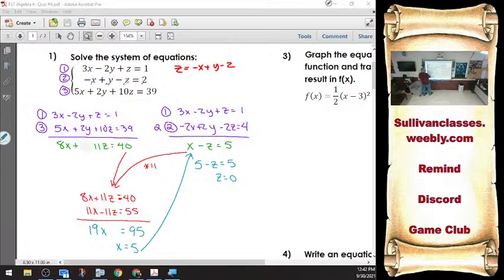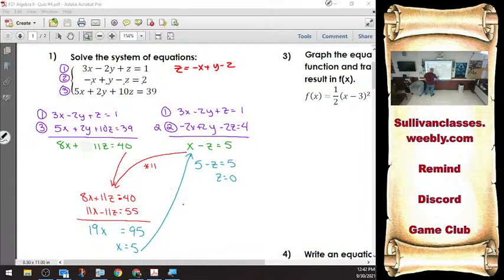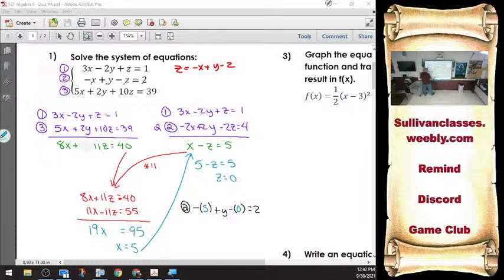Go all the way back and find out what, when we eliminate y. So I'll even write that I'm using equation 2 just so I know where this came from. Negative x plus y minus z is 2. Plug in there 5 and 0. Getting negative 5 plus y is 2, so y is 7.